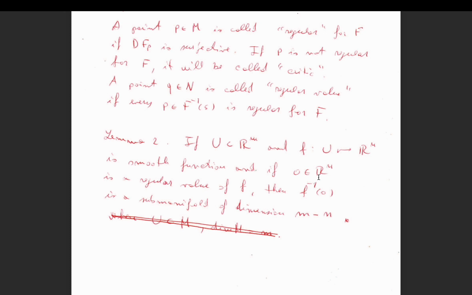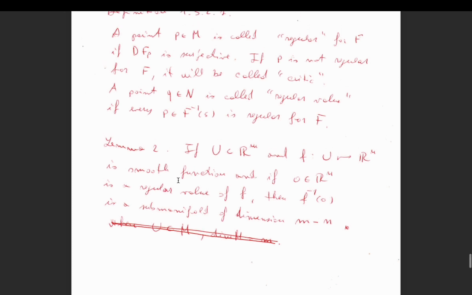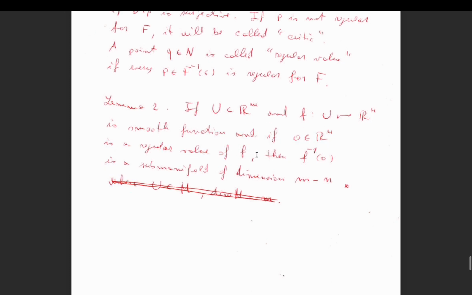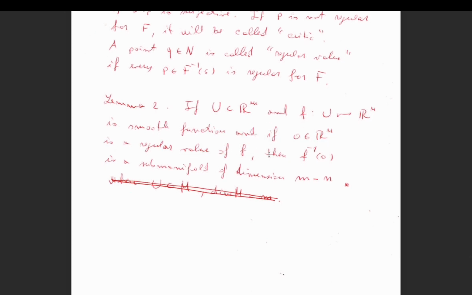Assume that 0 belongs to Rn, and such that 0 is a regular value of f. Then we have that f to the minus 1 of 0 is a submanifold of dimension small m minus small n.